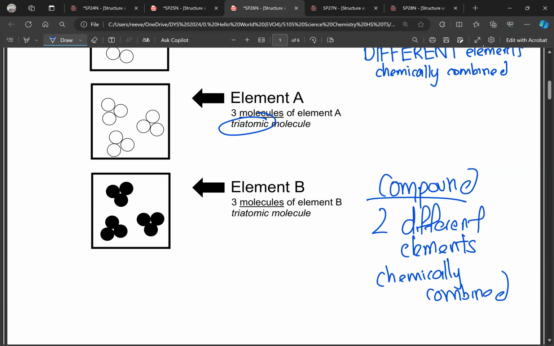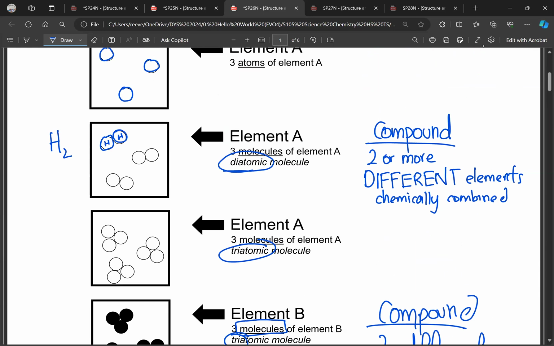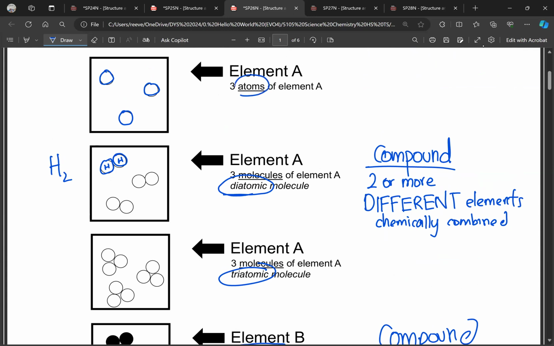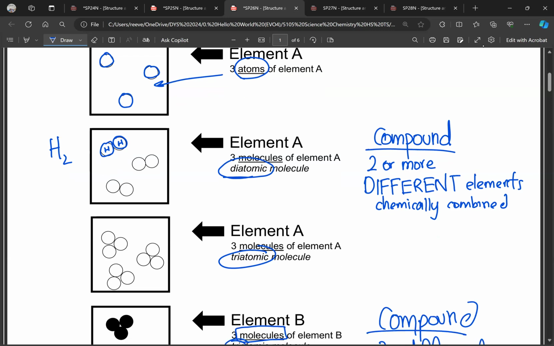So it's called tri, and it's called molecules. This one is not a molecule. This is an atom. You know what's the difference between atom and molecule? Atom means 1 only, 1 circle only. When you combine, you get a diatomic molecule, a triatomic molecule.